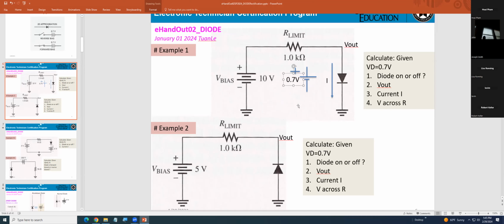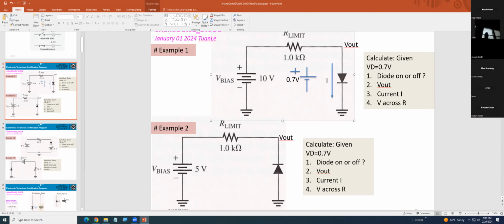Okay, now, when you say the diode is forward bias, then forget the diode. You substitute the diode by the battery.